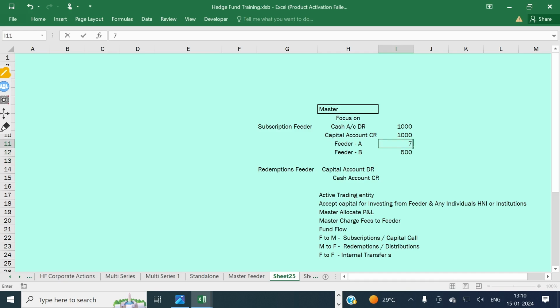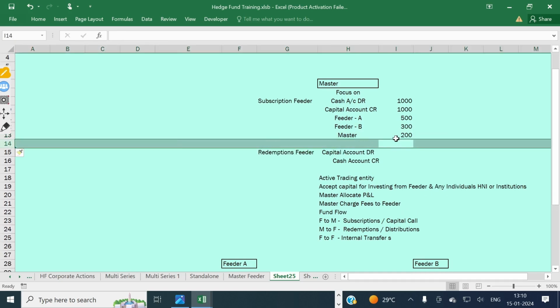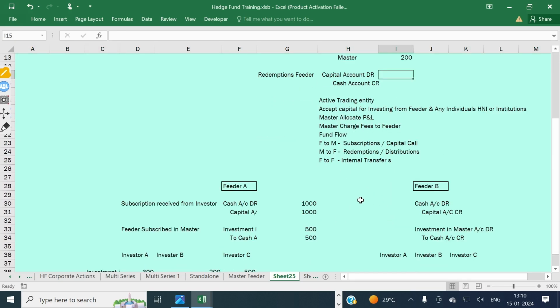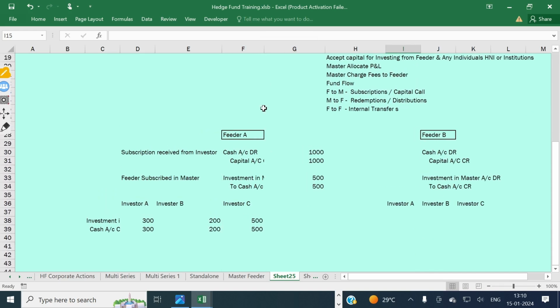It's like, let's say, 500 from this, 300 from this, and master contribution as well. It is 200. You might see that also. It's not something where if Shivraj told, it means it would exactly follow the same. No, you might see customization or additional, exotic features in this process also.